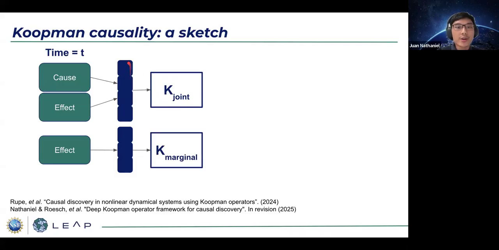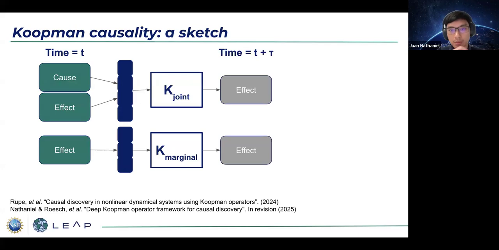It's just a linear operator K applied to the vector at time t to give you the vector at time t plus 1. So just a step forward operator. And then you make a prediction at some time tau in the future. And then there will be a forecast error, and this will be measured as the causal measure.